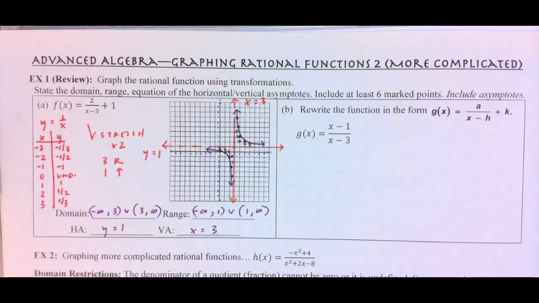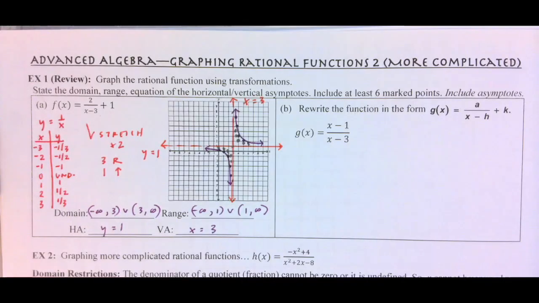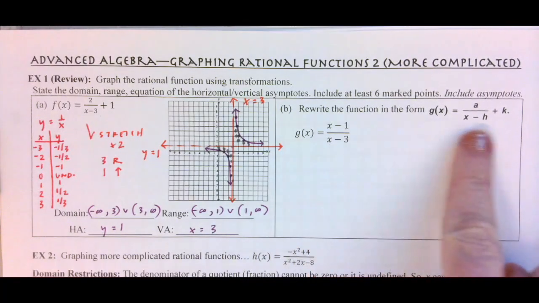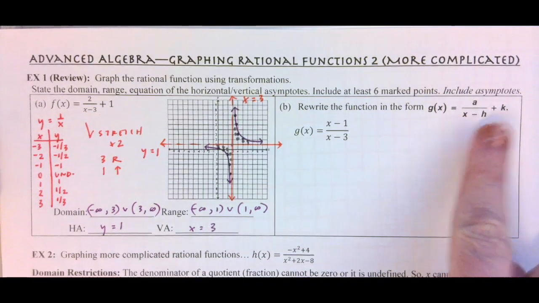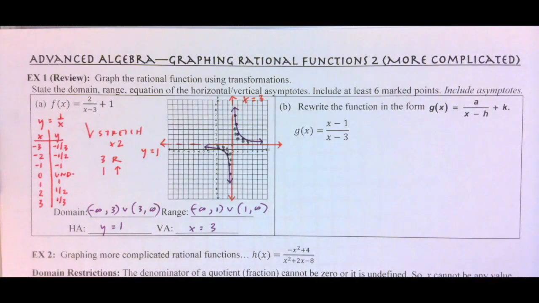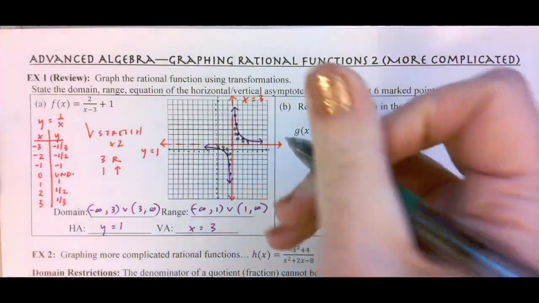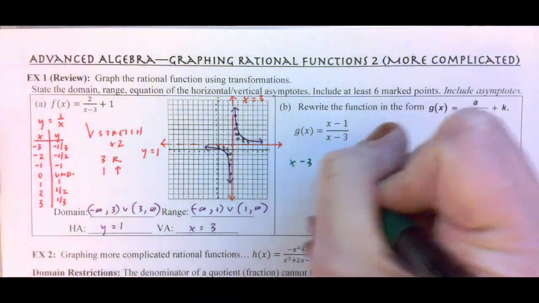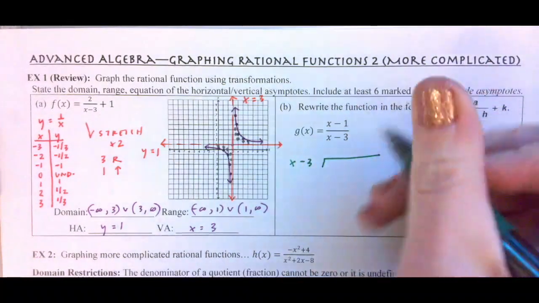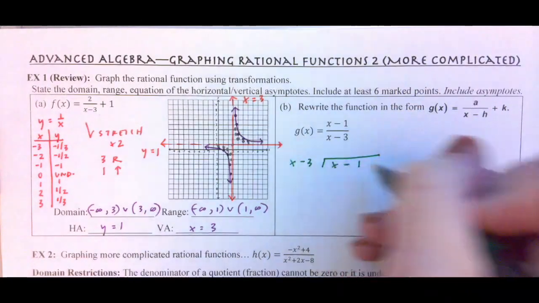Okay, next I'm saying, can you rewrite this function in transformation form? So here we have to use long division. So I'm taking this x minus 3, and I'm trying to divide it out of x minus 1.